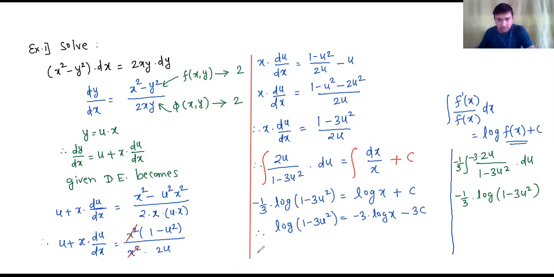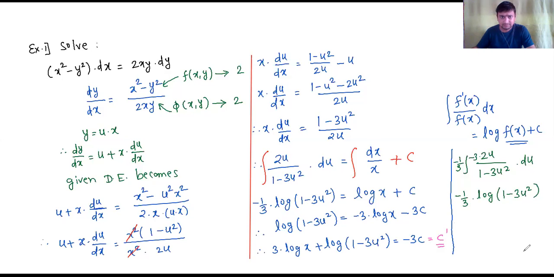Okay, therefore if I bring this to LHS, it becomes plus log of 1 minus 3u square which is equal to -3c. अब ये -3c को you can again consider, see it's a constant only, you can again consider it as c or c dash, right?